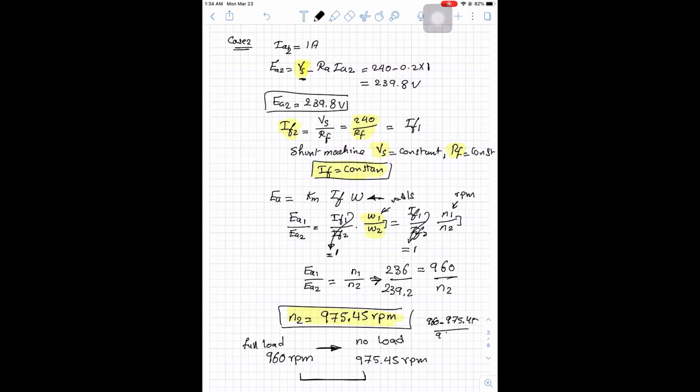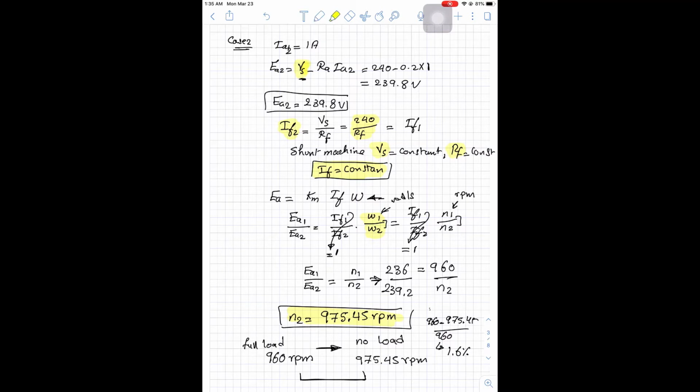So if we take the ratio, which is 975.45 minus 960 divided by 960, this will give us what is called a speed regulation. So if we take the no load speed minus the full load speed divided by the full load speed, 975.45 minus 960 divided by 960 multiplied by 100%, this machine's regulation is 1.6%.